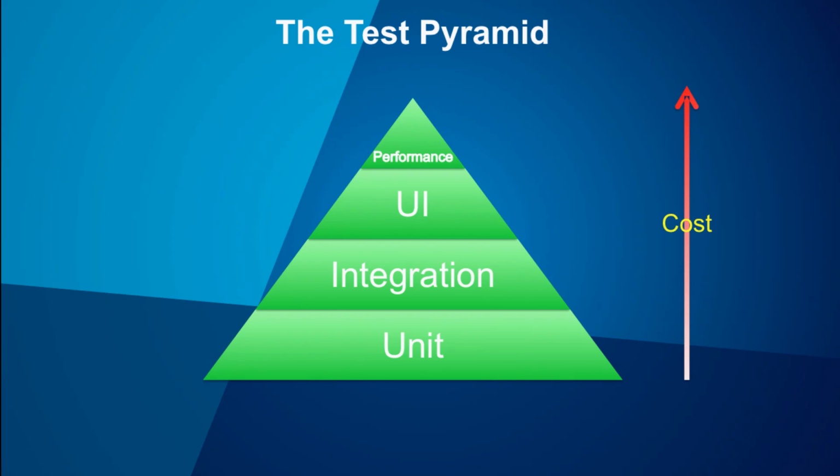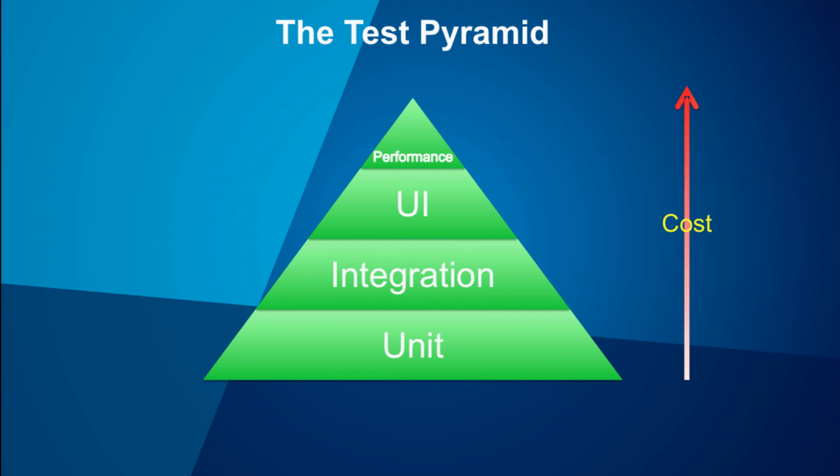So just in general, the cost as you climb the test pyramid, so to speak, raises. Unit tests, as I said, were very fast, very cheap. Developers can run these multiple times a day. Really valuable. They give feedback. Integrations are valuable as well. You don't want to run them quite as often.